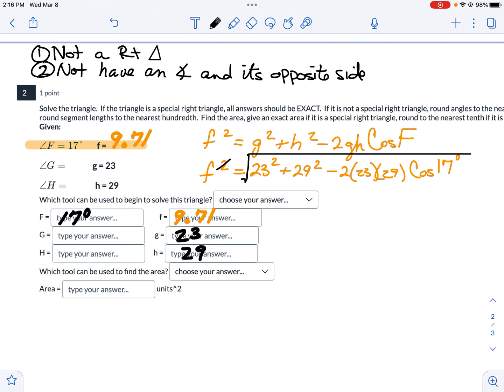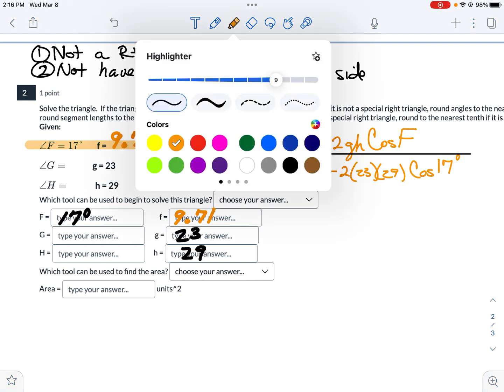And now, if I want, I can use law of sines to find G, because now I have a pair. I have the F's, capital F and lowercase f. So if I use law of sines, my pen just died. Come back to me.